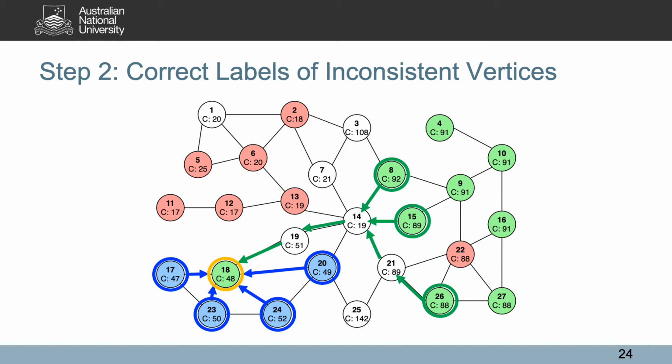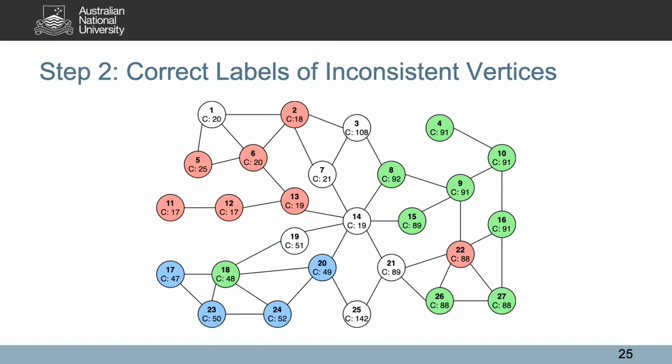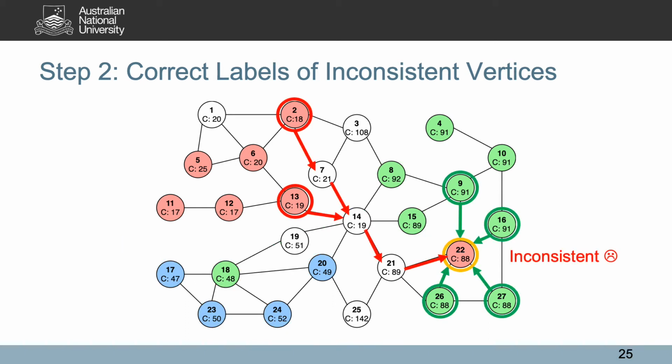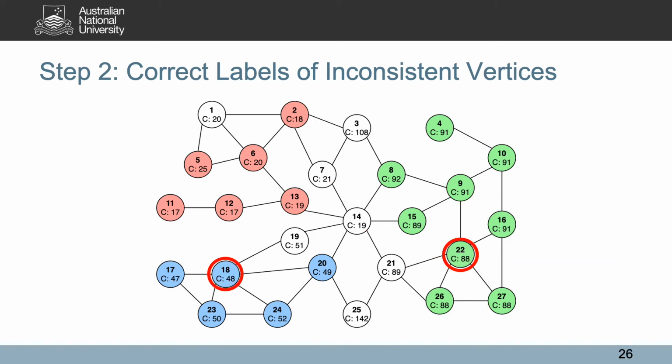Hence, vertex 18 in green becomes an inconsistent vertex as it is closer to blue vertices than green vertices. Similarly, vertex 22 becomes inconsistent as well. The label of vertex 18 will be corrected to blue and the label of vertex 22 will be corrected to green.